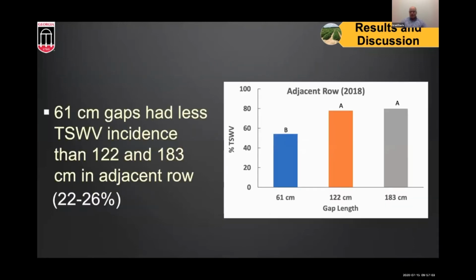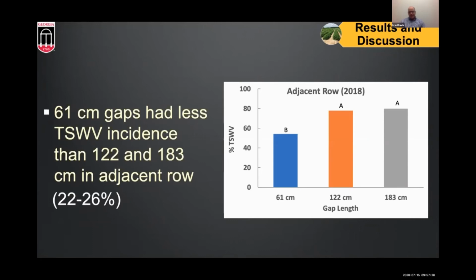Now we'll be focusing on what effect the gaps themselves, gap length, replant method and frequency, all the variables, had on the presence of TSWV in the adjacent row, at the gap edge, and within the gap after replanting. That's just an overview of what will be coming within the next few slides.